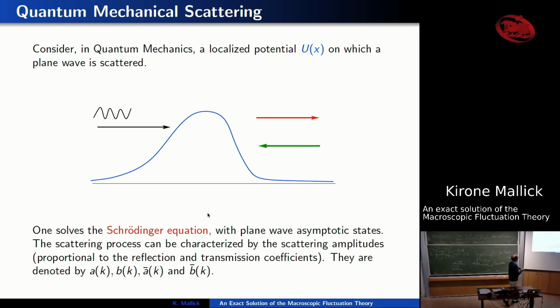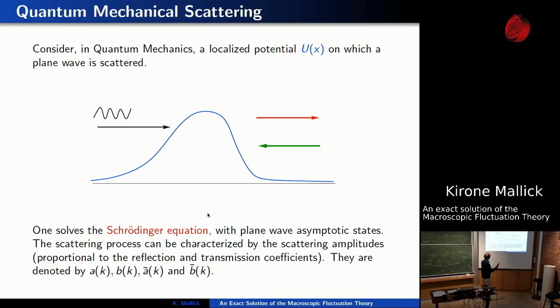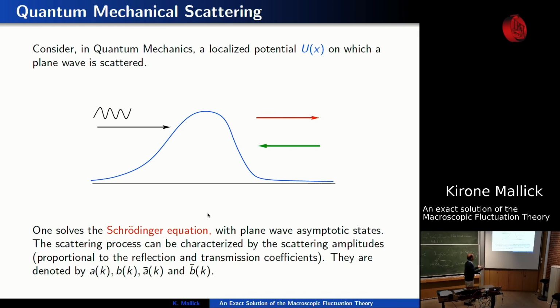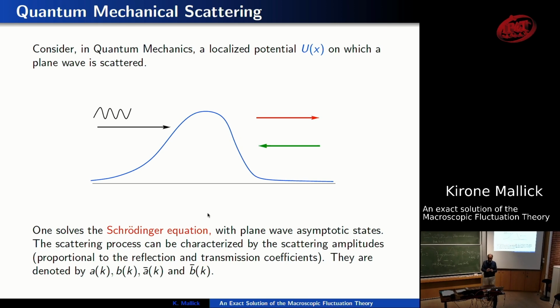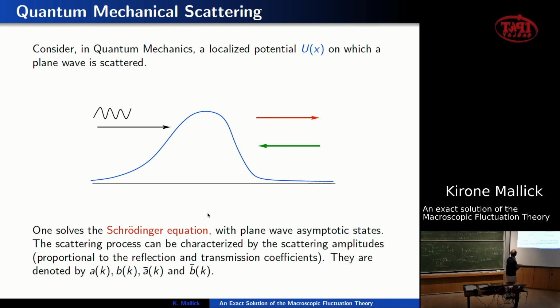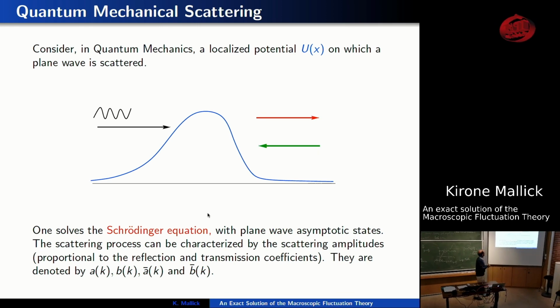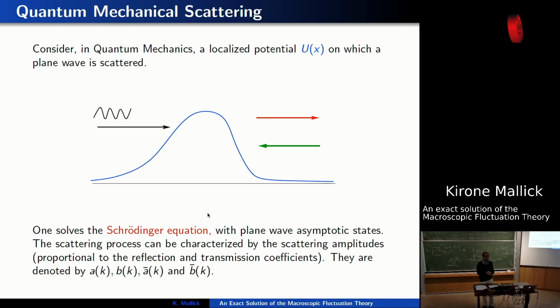And so the data, the information about scattering, is embodied by reflection and transmission coefficients from the left and from the right. According to the books, they are written as R bar, T bar. Here I will use some more standard notation in the subfield of inverse scattering. They are called A, B, A bar, and B bar. But they are essentially the reflection and the transmission coefficients through a potential. Okay, we are all familiar with that.